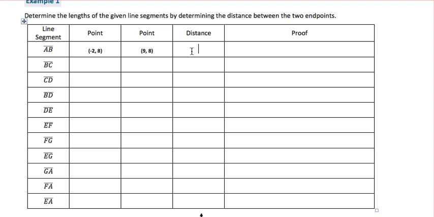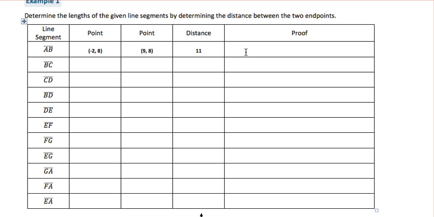The distance between the two we can determine numerically, even if I know that many of you will go down and count. -2 is 2 units away from 0 to the left. So the absolute value is how far it is, 2 units, and then another 9 units to the right of 0. So altogether they are 11 units apart.